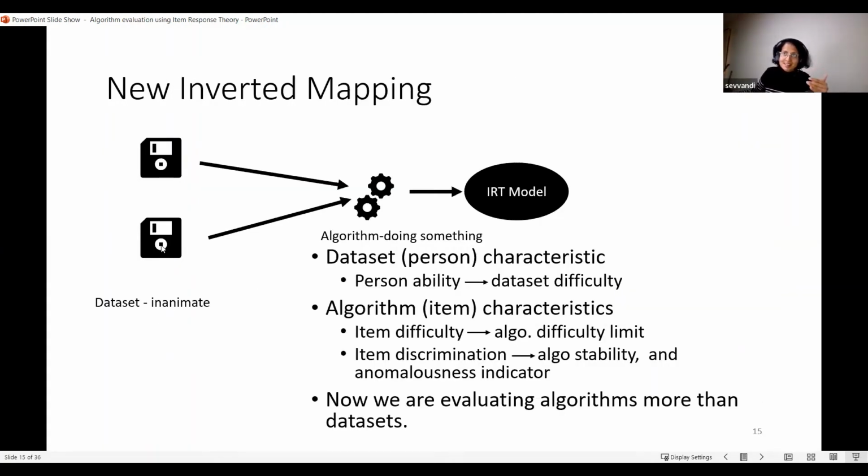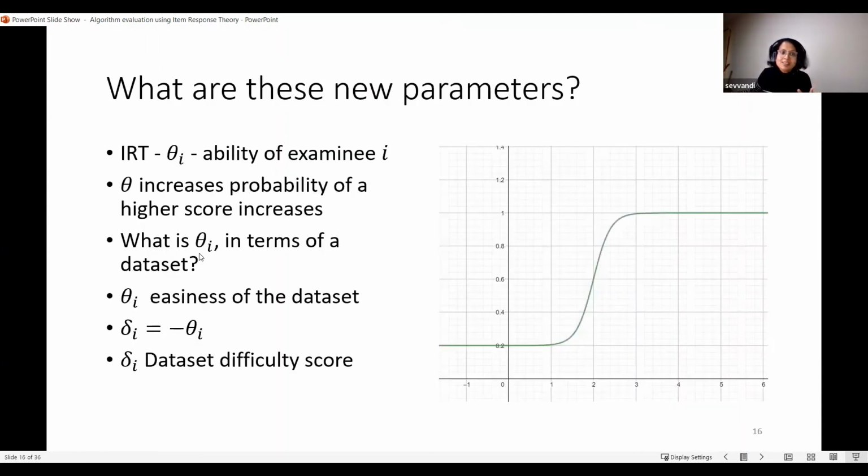So theta is a parameter for the data set. So what is theta in terms of a data set? When what increases would the score from a given classifier or algorithm increase? When we get an easier data set, then we'll have a higher score. So theta is actually the easiness of the data set.